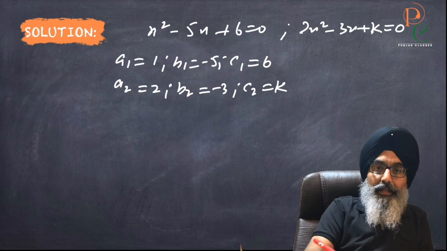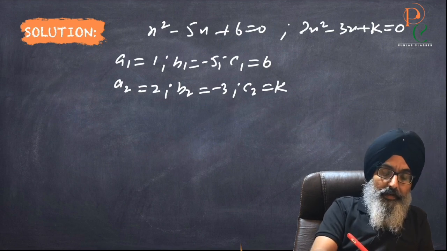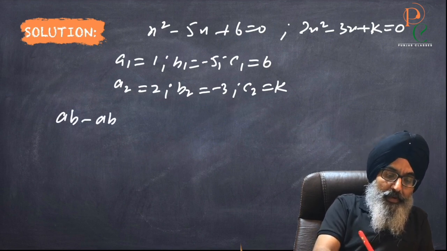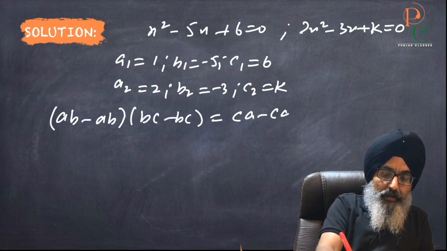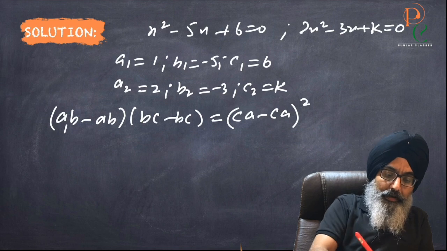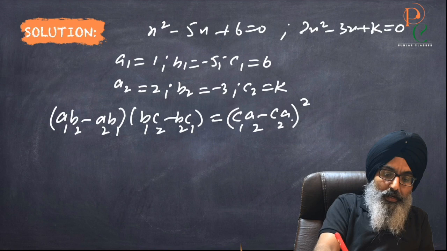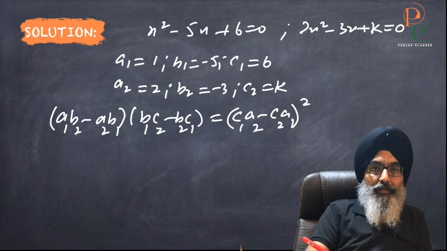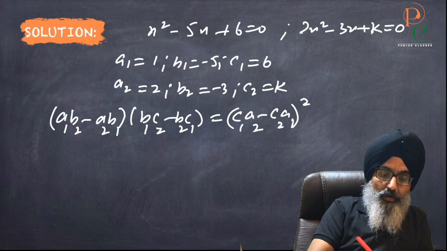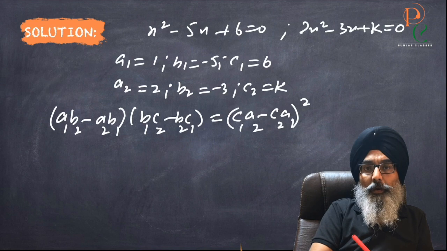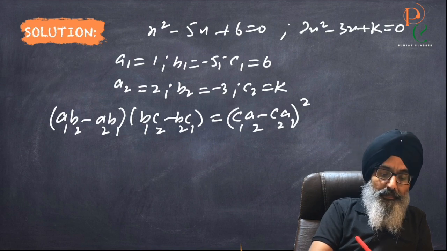Now applying that result, let's write it again: AB minus AB into BC minus BC equals CA minus CA whole square, with subscripts 1 2, 2 1 in all the terms in the same order. Here I will put the values of A1, B1, C1 and A2, B2, C2, and we shall obtain an equation in k, and simplifying that we will get the value of k.